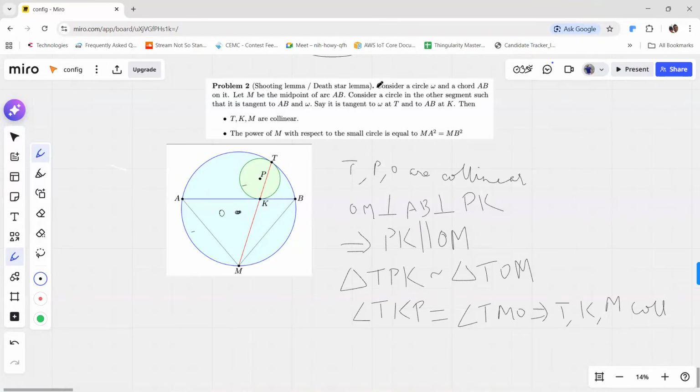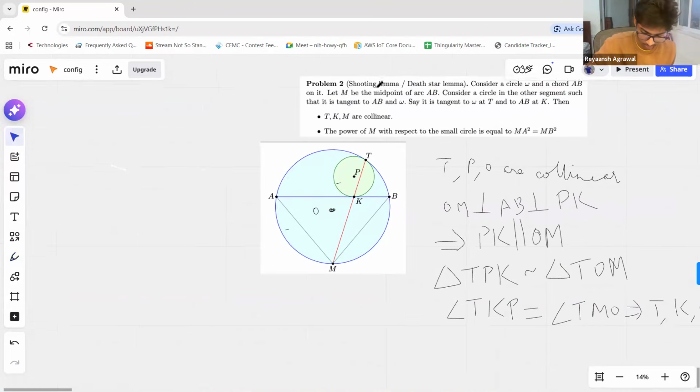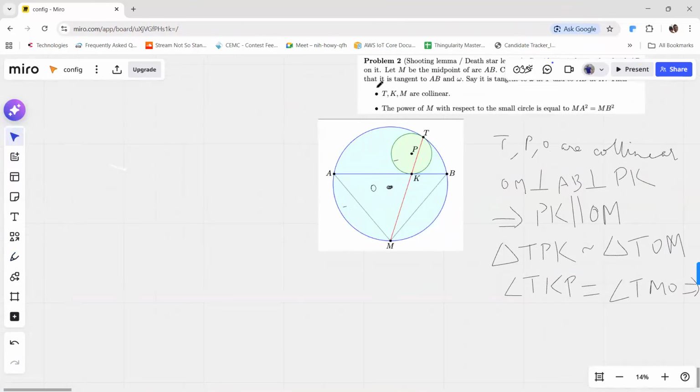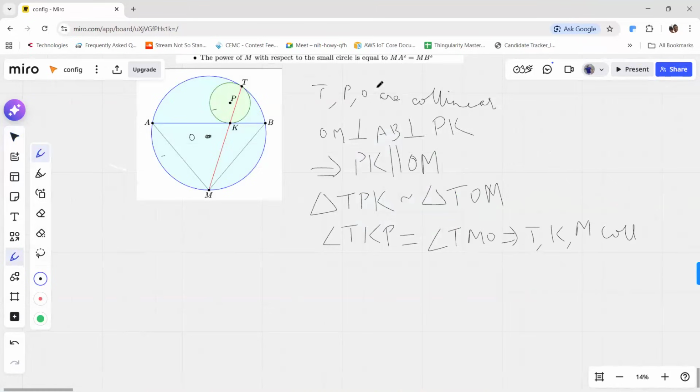Yes. Okay, great. Now we'll show that the power of M with respect to the small circle is MA square equals MB square. How can we show this? So angle MTB is equal to angle MAB, and that is equal to angle MBA. Since T, K, M are collinear, TBM is similar to BKM.